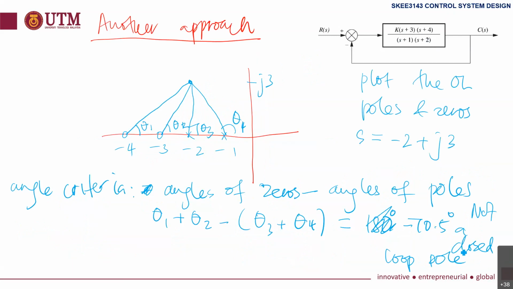Again, this is another approach. This approach requires that we have the diagram, the plot of poles and zeros, and then from the plot, we use the tested point that we want to examine. We get the angle to all poles and zeros. Then we use the angle criteria formula.